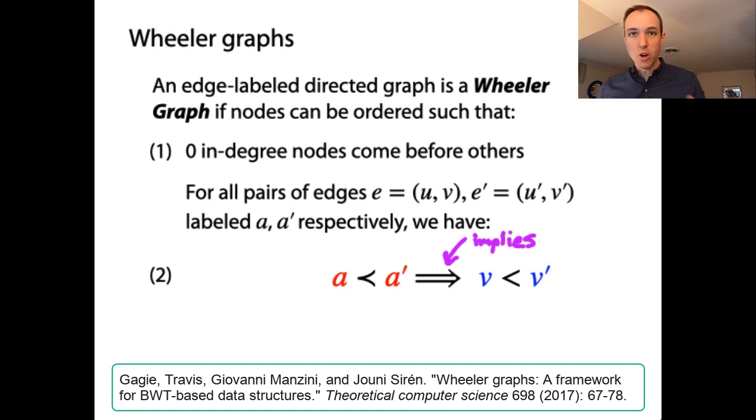And then for the node ordering, which is a separate notion of order over the nodes, I'm going to use the normal less than sign. So if the edge label is less than the other edge's label, then the destination has to come before the other's destination in the node ordering. That's Rule 2, and this pertains to all pairs of edges E and E prime. And I'm going to review exactly what that implies operator means in a moment.